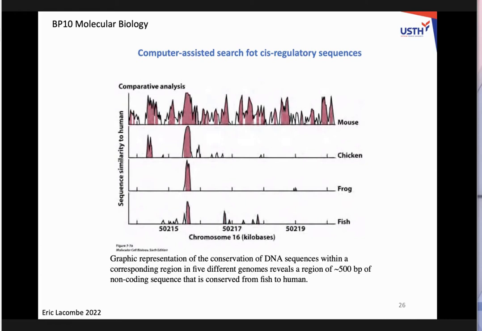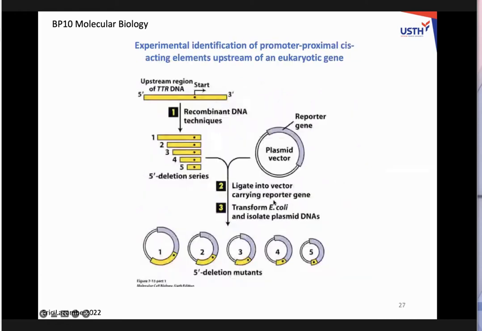Okay, then what we are going to see is how to study technically the structure of a promoter. This is a strategy that has always been used. The idea is we've got a piece of DNA and we know that it's a promoter sequence for your gene of interest, and you want to find which are the sequences that are necessary and sufficient.